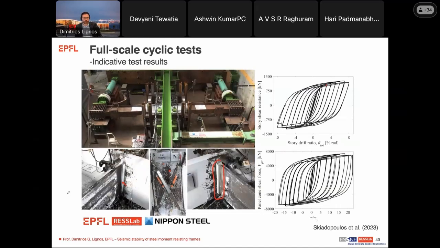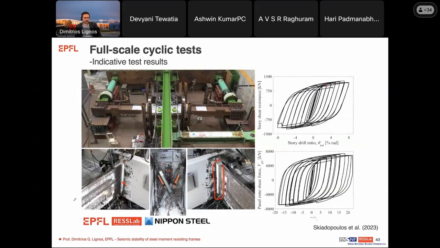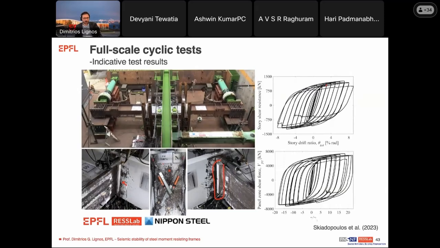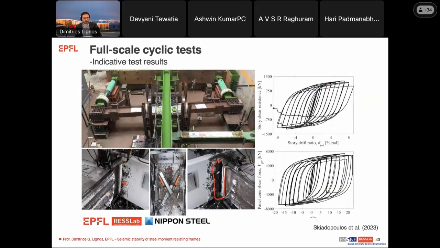Of course, we kept testing till we had the ultimate failure mode, which was ultra low cycle fatigue in this case, at the position where we in fact damaged the connection more. But this happened only at about 9% drift, as I stated earlier.